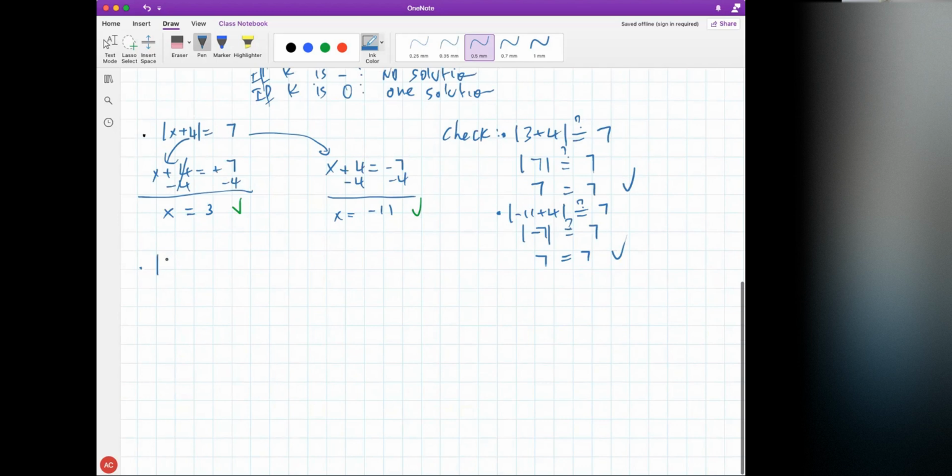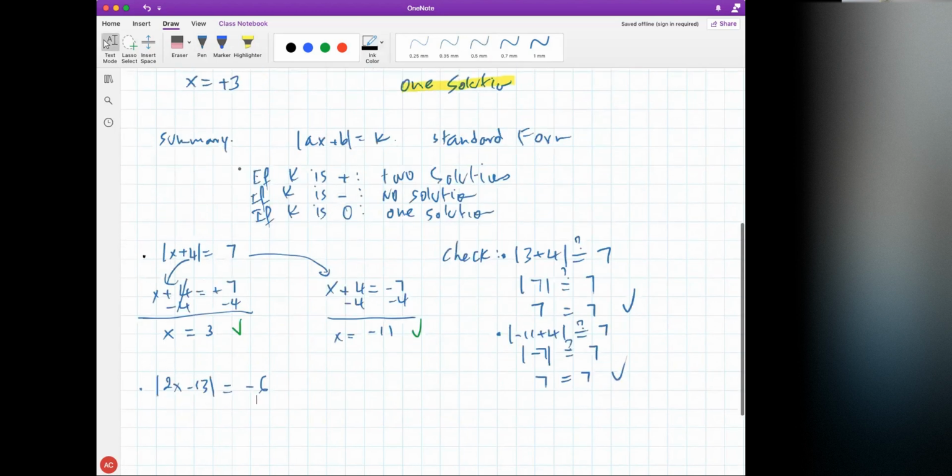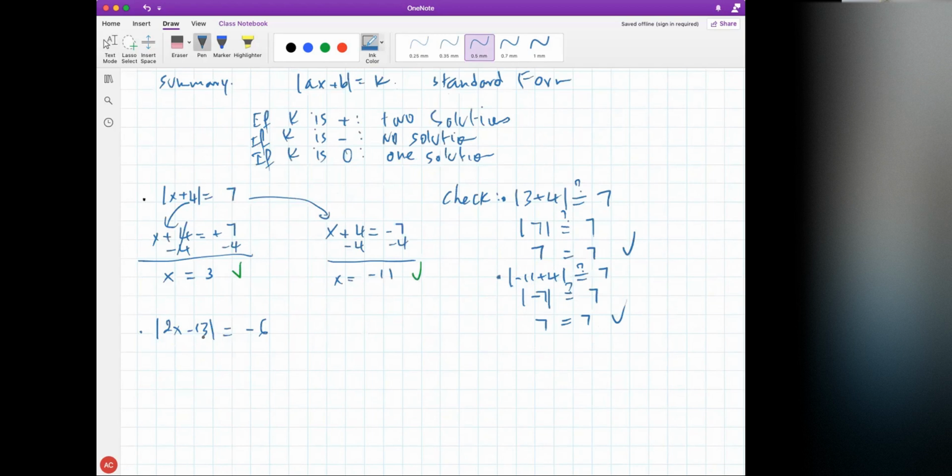Here's another example. Let's say 2x minus 13 equals -6. What do you think of this equation? Look at the standard form.